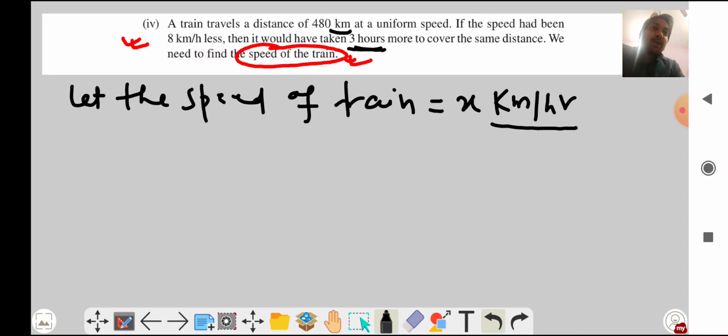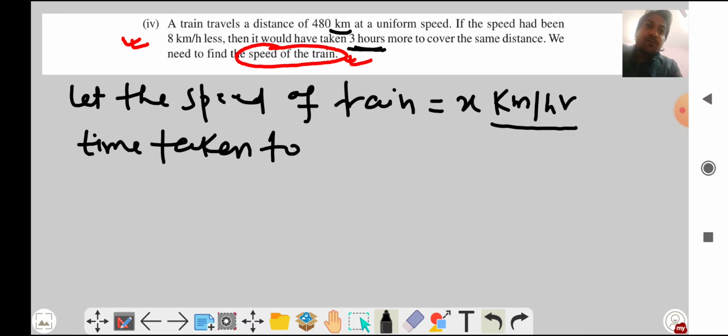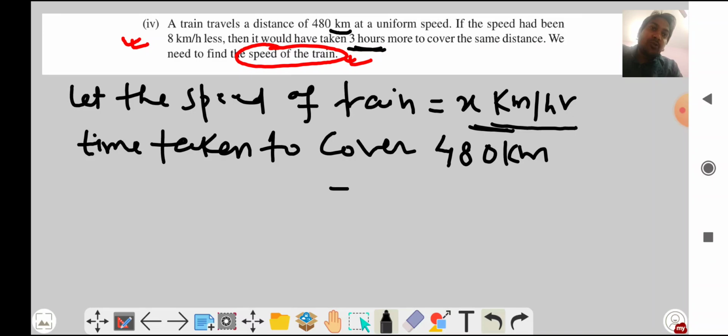Okay. Then what is next given? A train travels a distance of 480 km at a uniform speed. So the time taken to cover 480 kilometers with x kilometer per hour is equal to, what is the time?